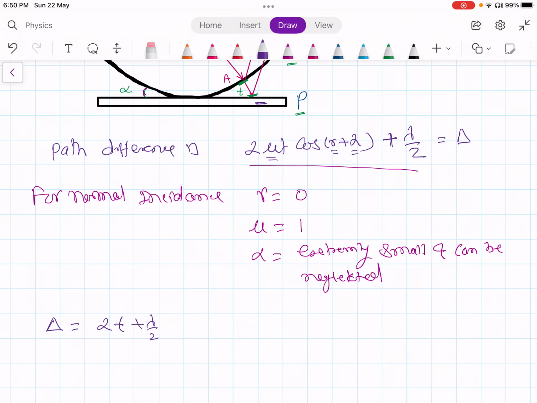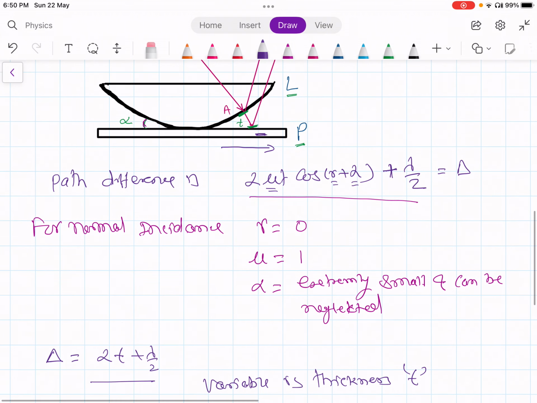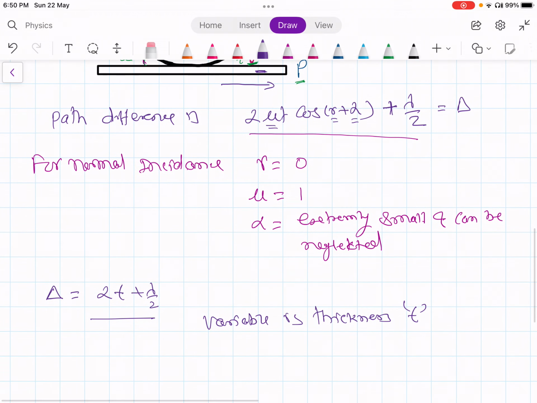As you can see here, the variable is the thickness t. As the thickness changes, in this direction the thickness will increase, the path difference changes, and accordingly you will get dark and bright rings.